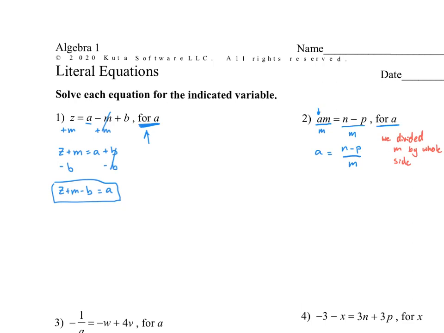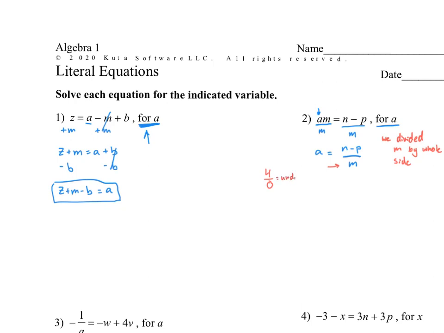Now, in this problem, we do notice that we have a variable in our denominator. A brief reminder on division: anything that is divided by 0 doesn't work, because the answer is undefined.